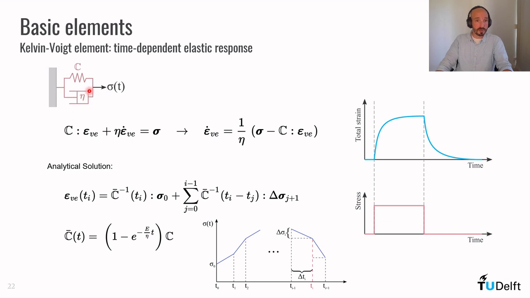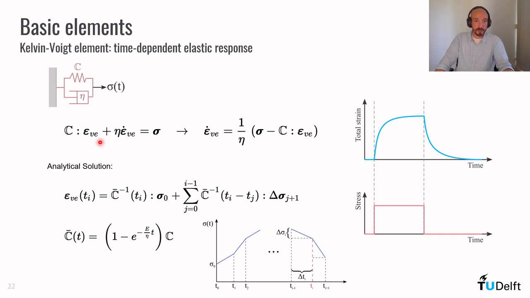So the stress on this spring will be given by the stiffness tensor of this spring, double dot product with the deformation of this element, which I'm calling viscoplastic deformation, but it's the same deformation as the spring and the dashpot.